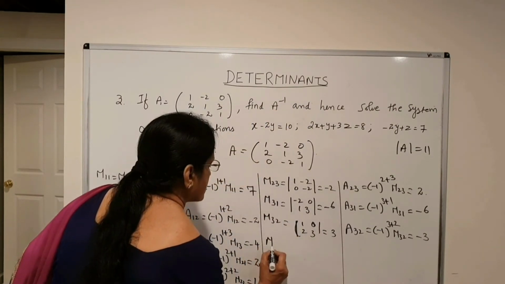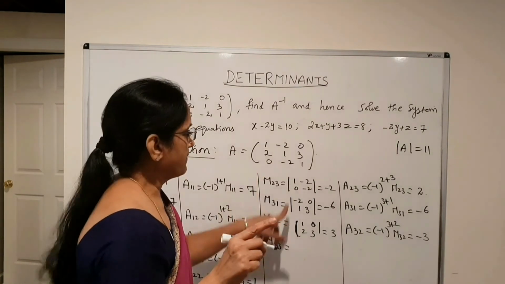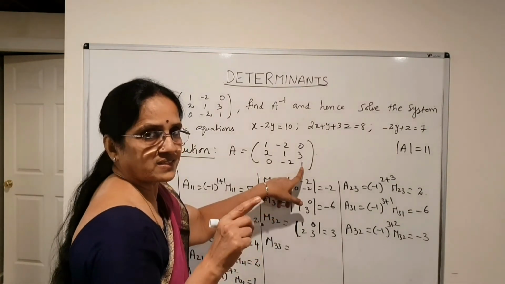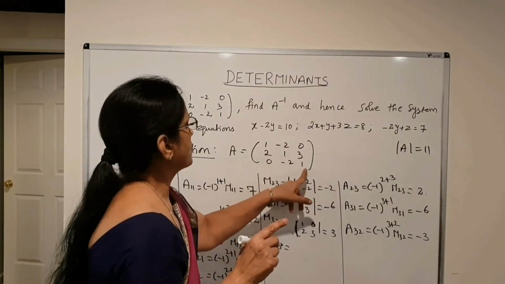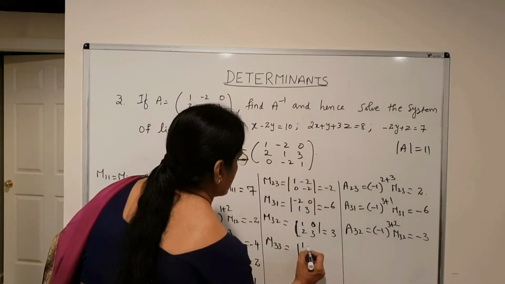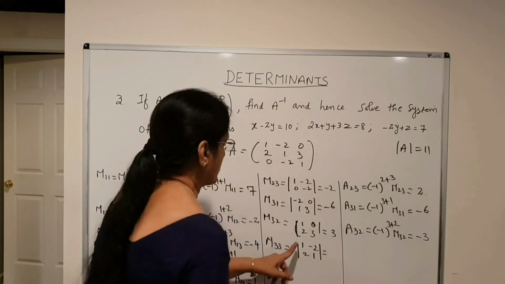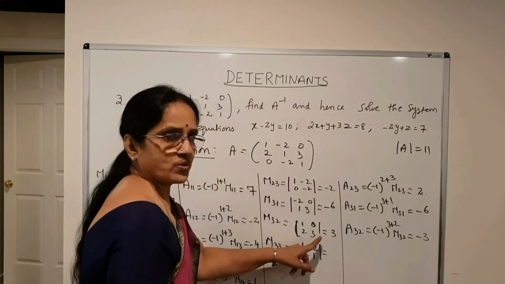Then the last one, M33. Minor of the element A33, which is 1 over here actually. So leaving the third row and third column, I am left with the determinant 1, minus 2, 2, 1, which is going to be 1 plus 4, 5.